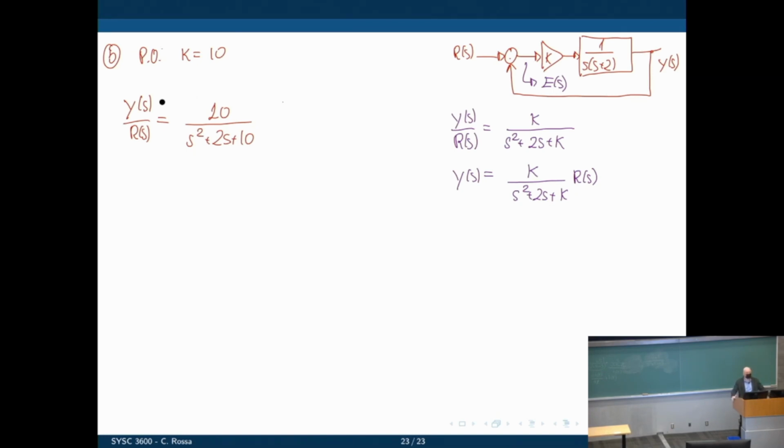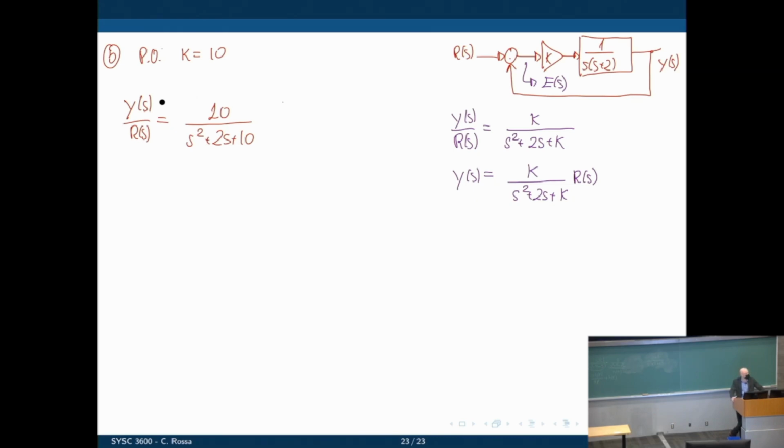How do you calculate the percent overshoot? What do we need? We need the equation of 100 e to the power of minus pi zeta over root 1 minus zeta squared, which is a function of the damping ratio.